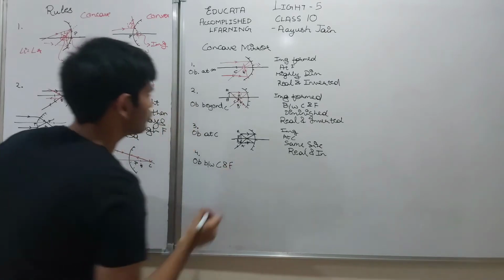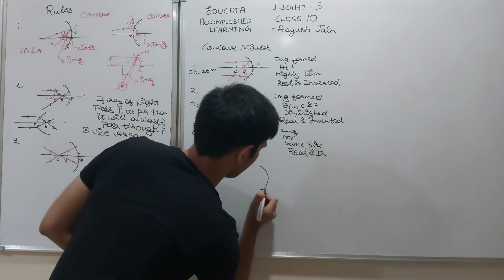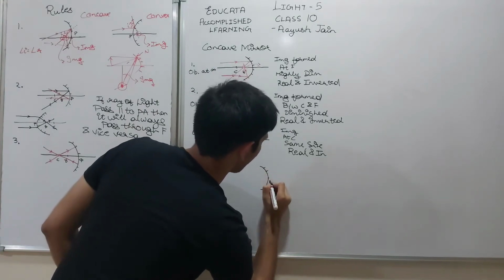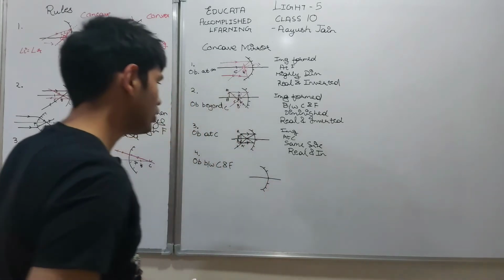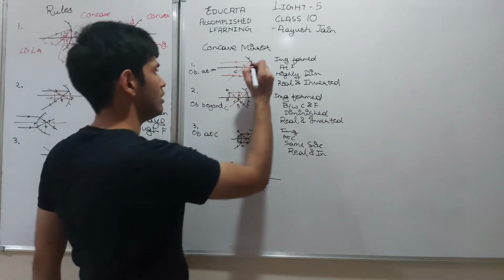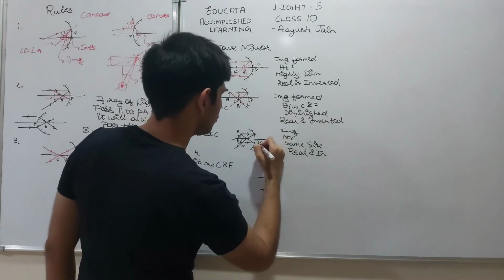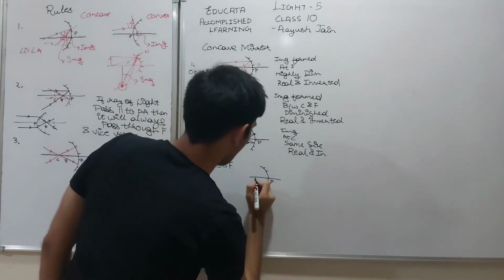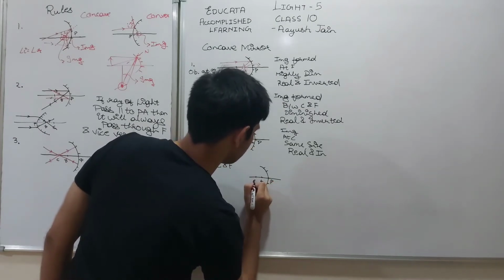Okay, let us just look towards this case. Now again I am drawing the same mirror. Okay, this is the same concave mirror that I am having, and this is the principal axis. You just mark the poles also, because it is useful sometimes. Now this is our focus and this is the center of curvature.